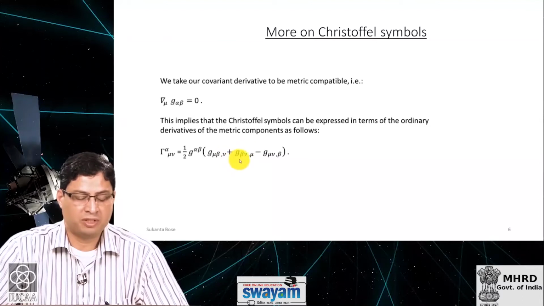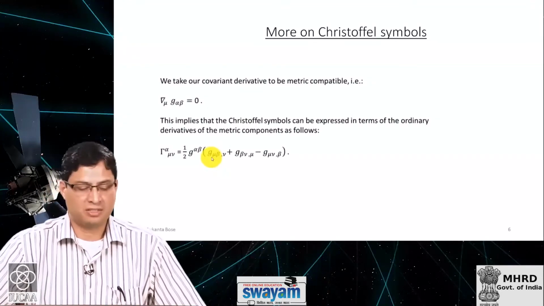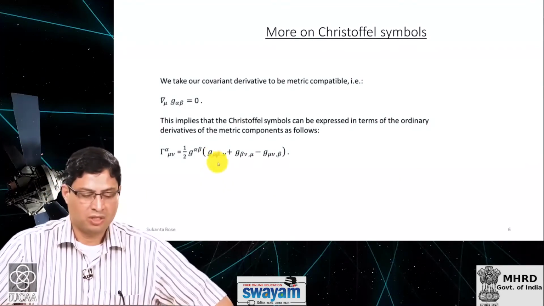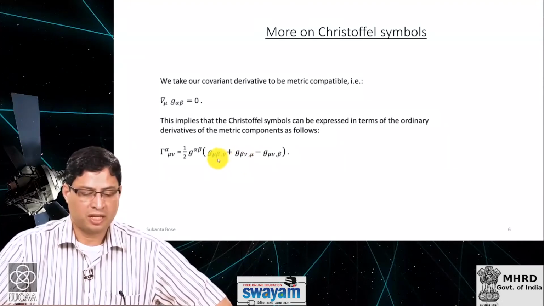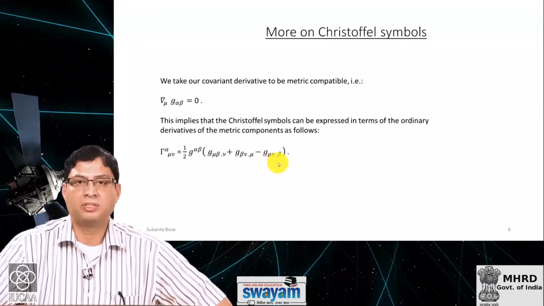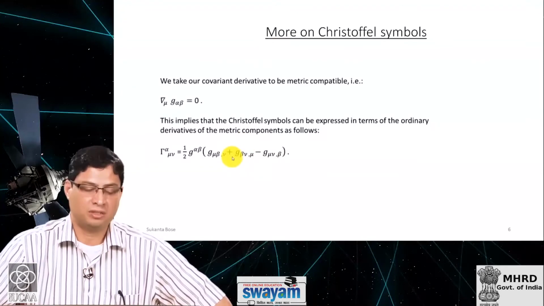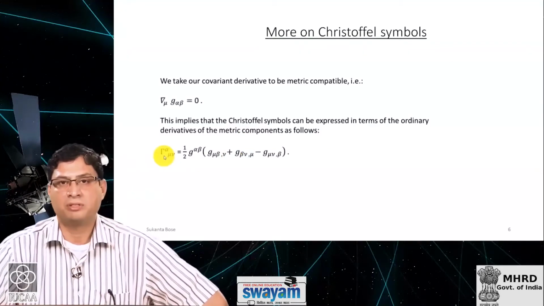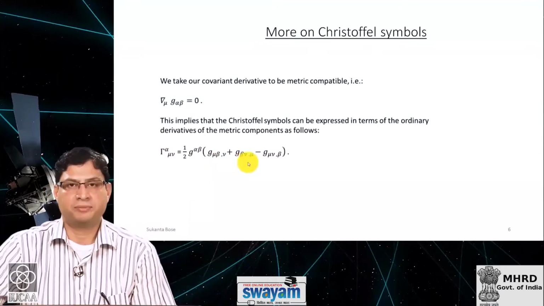The second metric piece is obtained from the first one by replacing mu with nu and realizing that the metric is also a symmetric tensor in its 2 arguments. So that is why the answer is the same if you replace mu with nu, which is what you expected, given that the Christoffel symbol is symmetric in mu and nu interchange, you notice that this expression given here is also symmetric under the interchange of mu nu. So that is another way you can figure out the remaining term in the expansion of the Christoffel symbol in terms of derivatives of the metric.